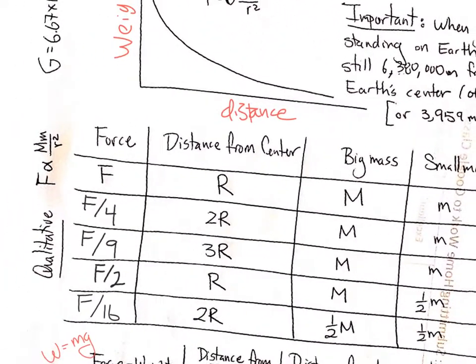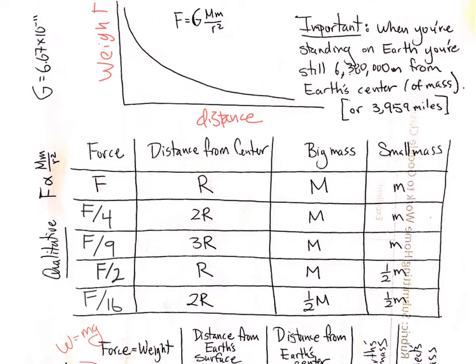All right, if we're looking at this chart, this situation is you standing on the surface of Earth, all right? So Earth has a mass of big M, you have a mass of little m, and Earth has a radius of r. And so F, force, that would be your weight.